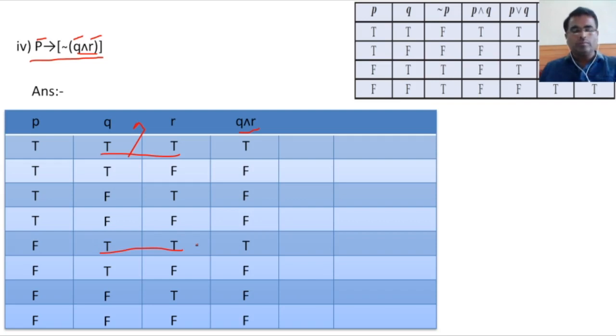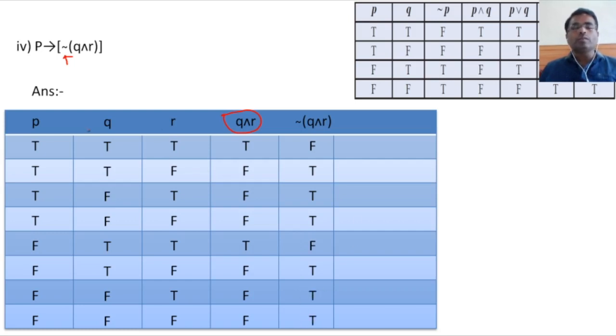So this is your consideration. Then next we need its negation. So negation of this statement, we have to consider exactly opposite values. So true becomes false, false becomes true, false becomes true, false becomes true. Again true becomes false, false becomes true, false becomes true, false becomes true.